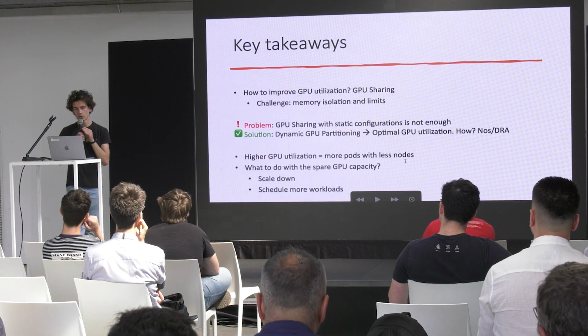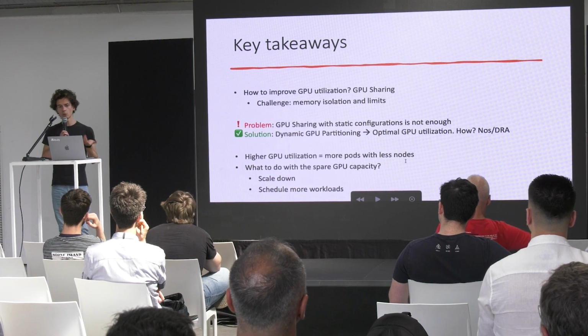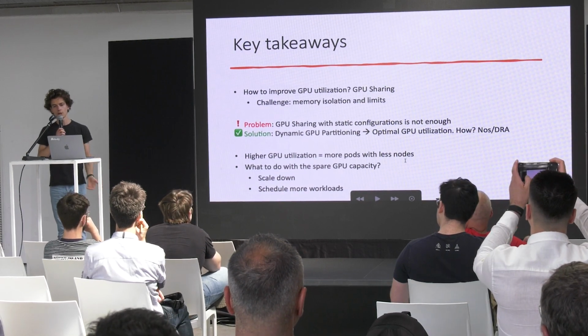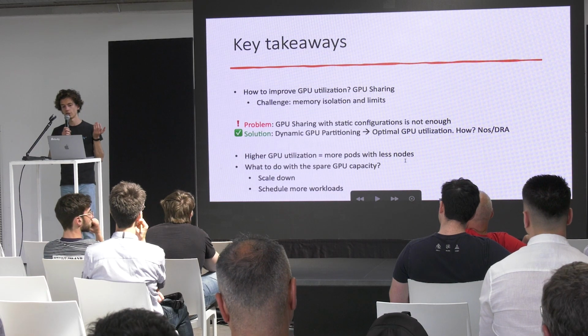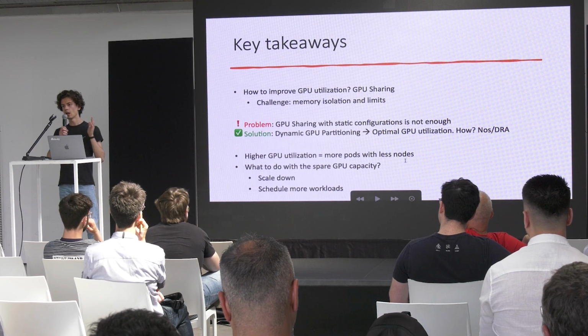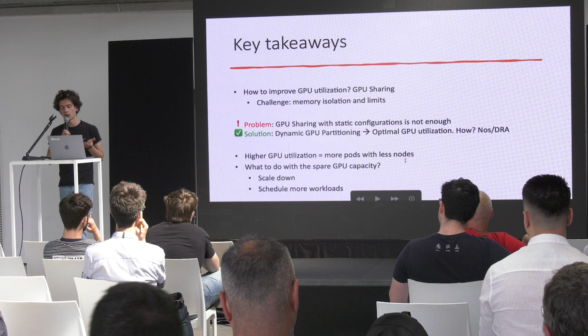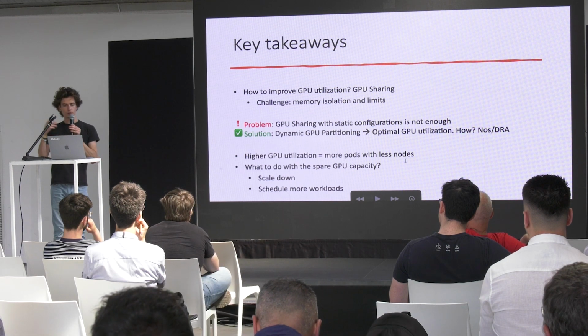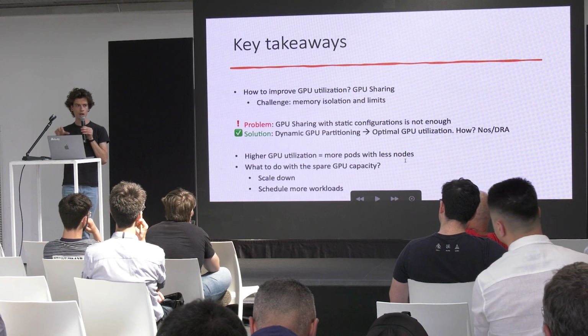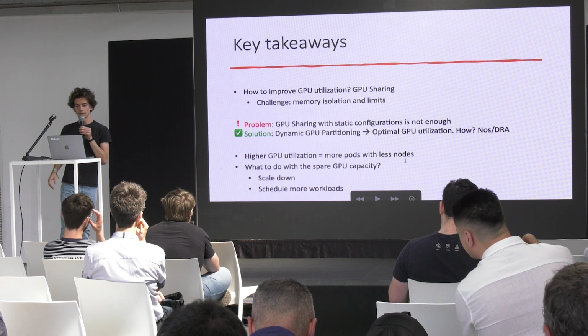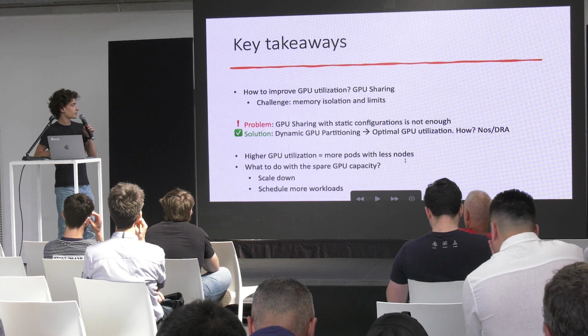So wrapping up, how do we improve GPU utilization? We do that by GPU sharing. And the main challenge here is memory isolation and memory limits, because we don't want out-of-memory errors. However, the problem with GPU sharing using standard NVIDIA tools that are available at the moment is that they rely on static configuration.